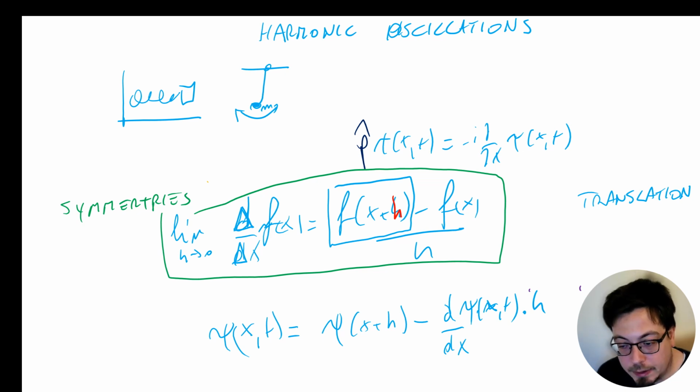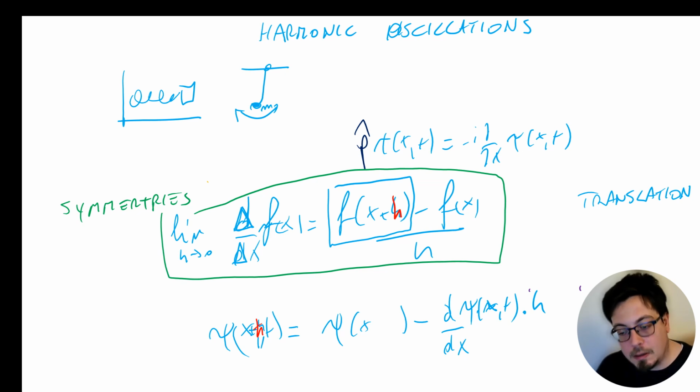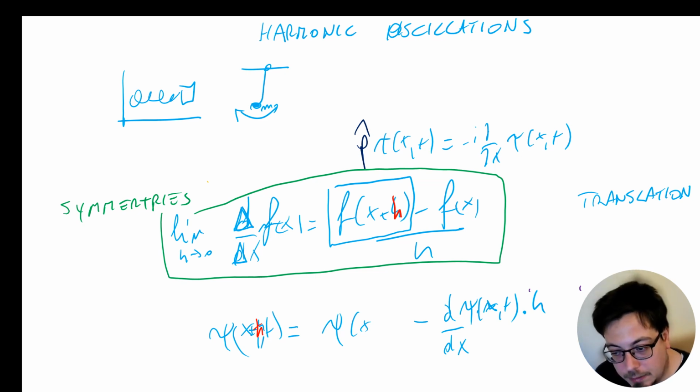Sorry, this is f of x, this is f of x plus h, and this is f of x. I made a mistake, sorry. Now plus h. Yes, fantastic. What does this mean?